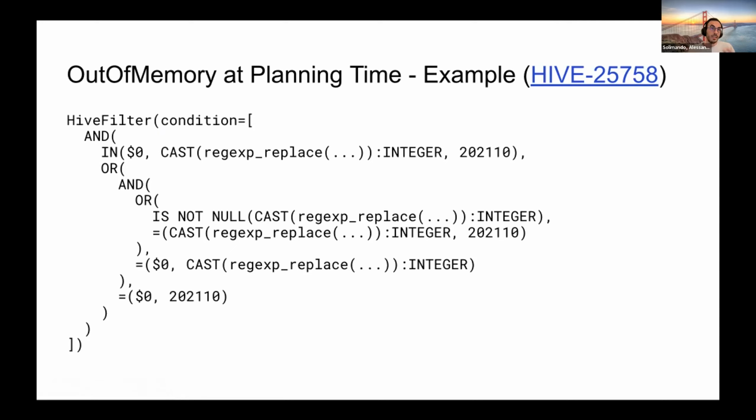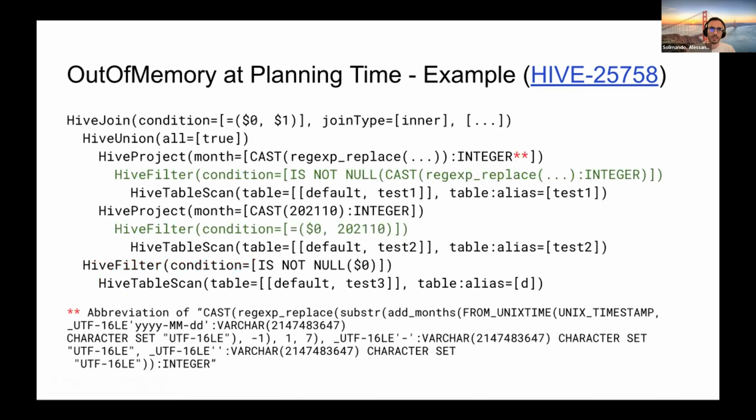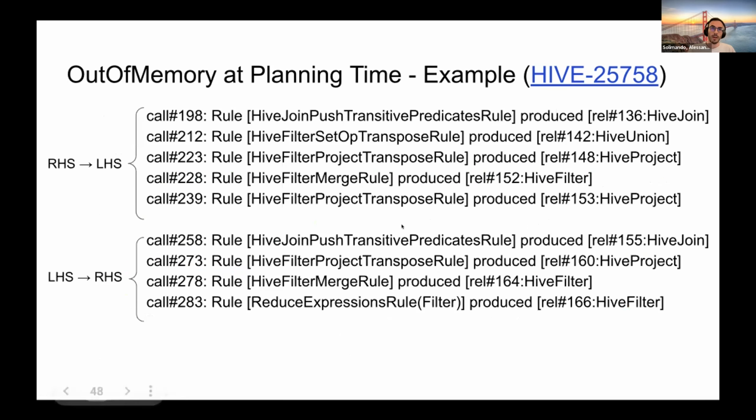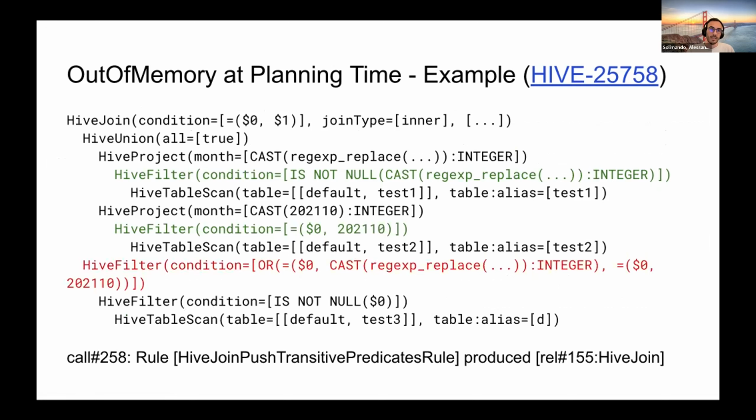So using this information with the plan that was produced rather early, I'm referring to this plan, and the list of rules that were applied, we could easily infer where the problem was lying, and so address the root cause in this rule.